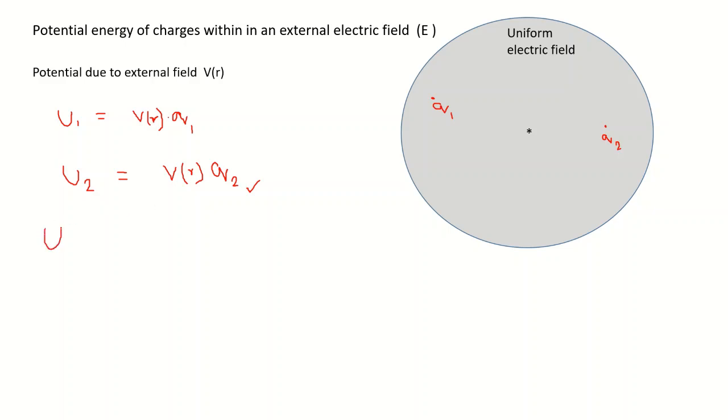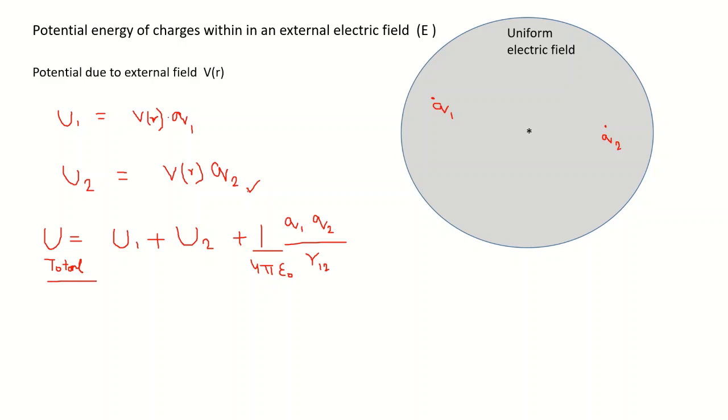Hence the total potential energy U will be the addition of Q1 V(R1) plus Q2 V(R2), plus there will be the potential due to Q1 Q2 by 4 pi epsilon naught R12. So hence we obtain the total potential energy for this system.